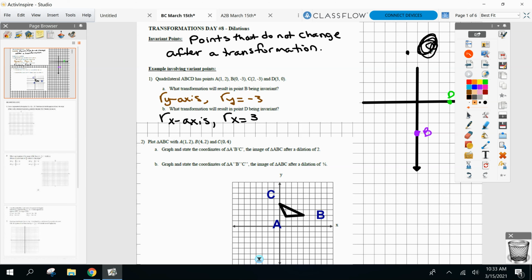So what happens to a point when you actually dilate it? Let's talk here. Go ahead. I'll give you guys a couple seconds. On number 2, plot triangle ABC for me so we can talk about what actually happens when I perform a dilation. So everyone at home, go ahead, plot triangle ABC.